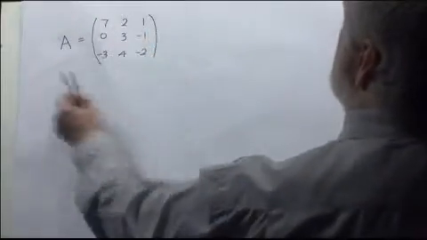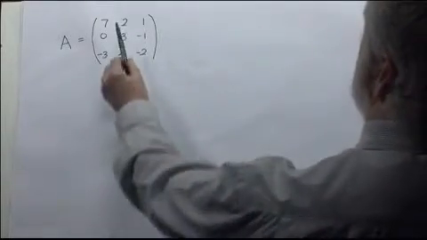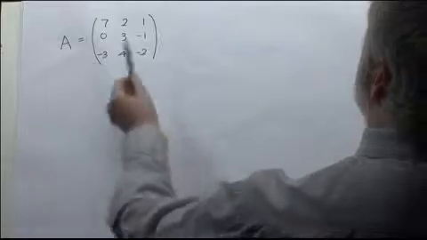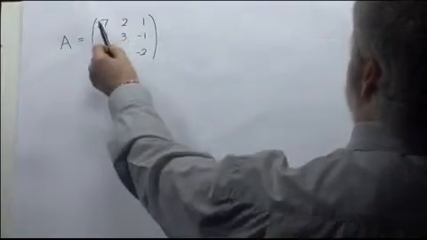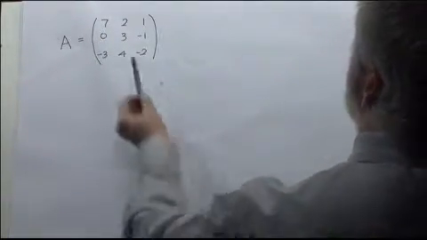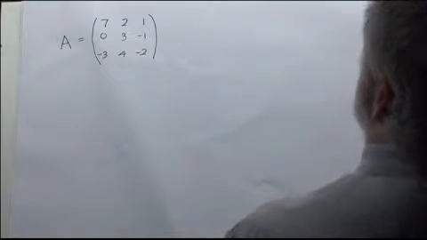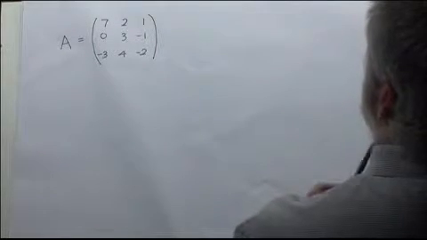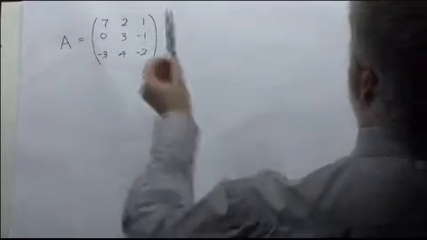So this is the matrix A that we're going to use, and you can see that it's got 3 rows and 3 columns. We can only find determinants when we have a square matrix, a matrix that has the same number of rows as it has columns. And to find the determinant of this 3 by 3 matrix, we first of all need to understand what's meant by a minor.